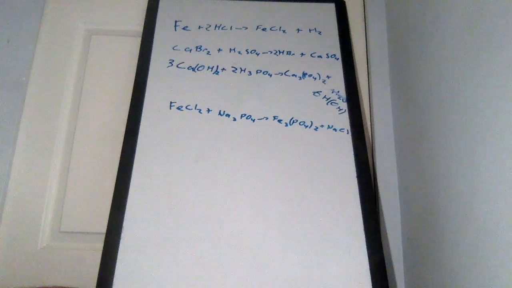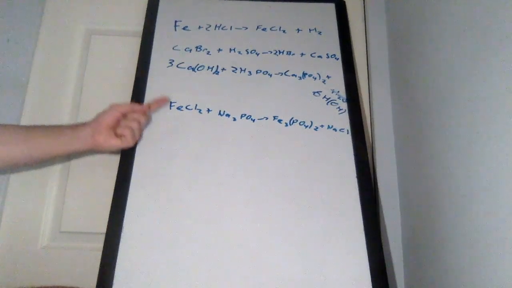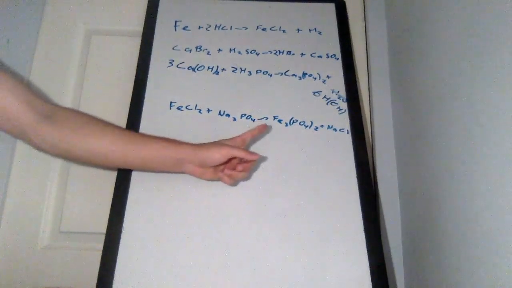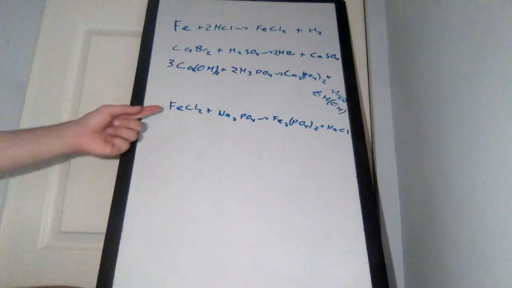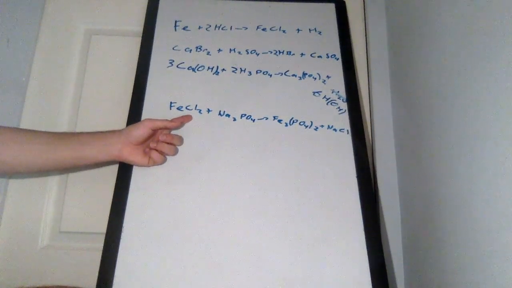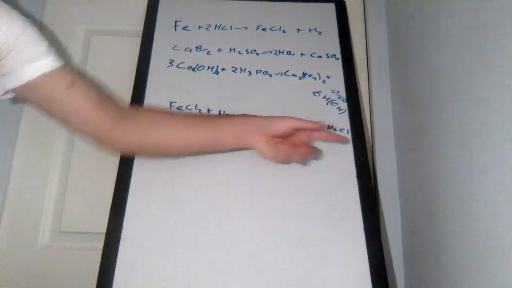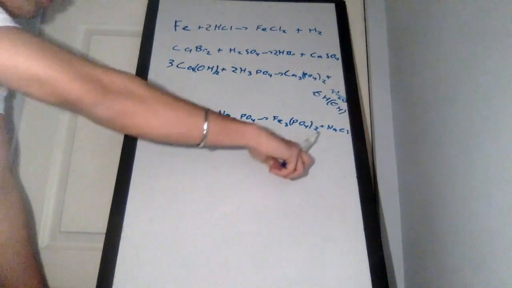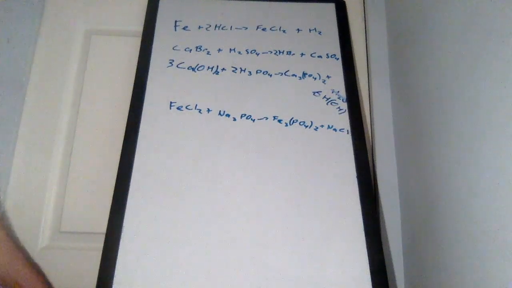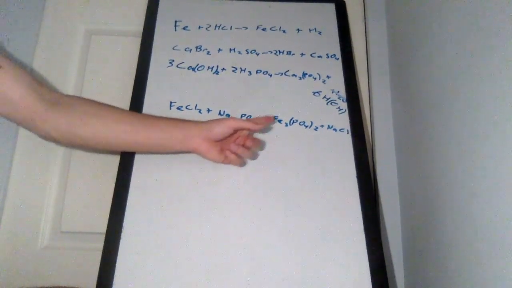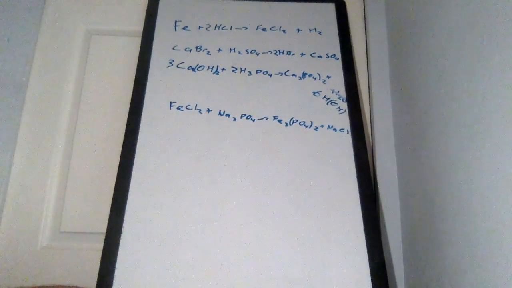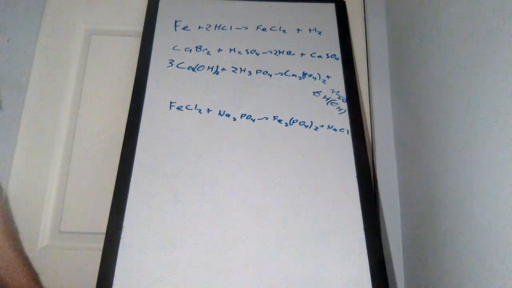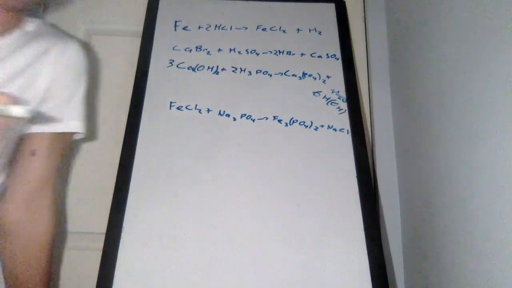Alright. So we've got 1 iron, 3 irons, 2 chlorines, 1 chlorine, 3 sodium, 1 sodium, 1 PO4, 2 PO4s. Now this question is a bit trickier than the previous ones.